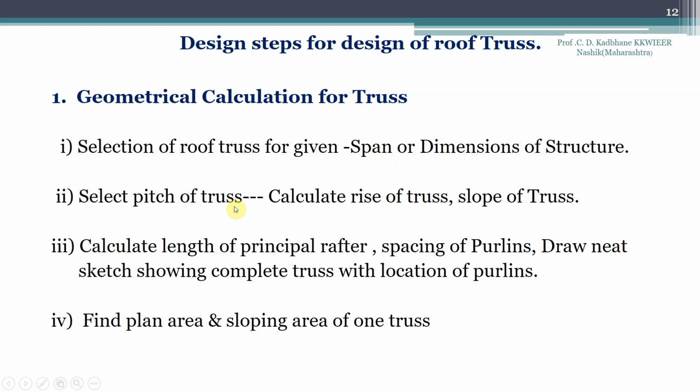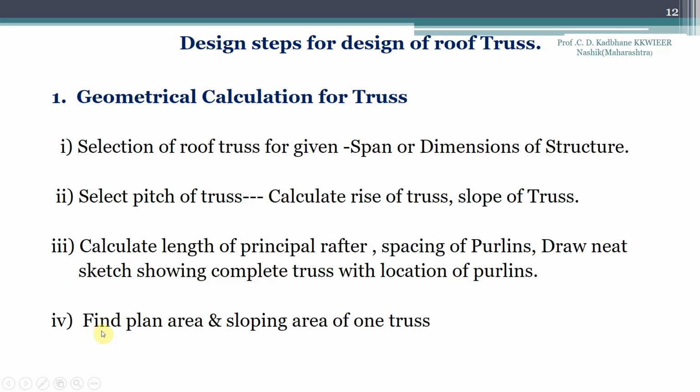Similarly, select a pitch of truss, calculate rise of truss, then slope of truss. Then third step is to calculate length of principal rafter, spacing of purlins, and draw a neat sketch showing the complete truss with location of purlins and truss members.